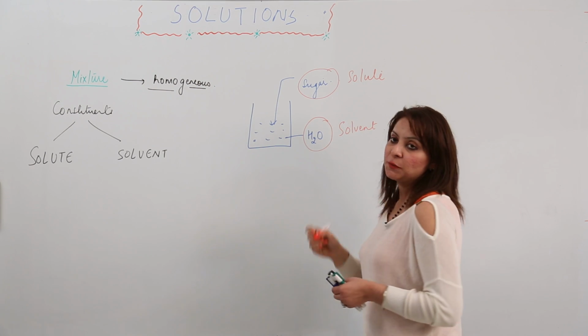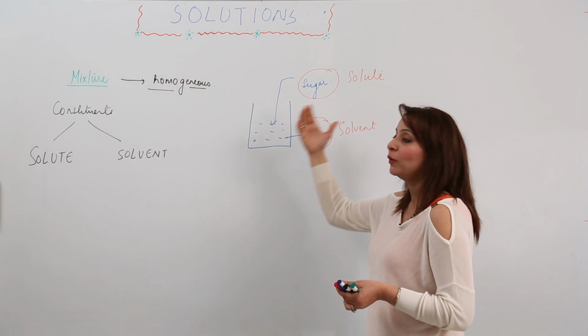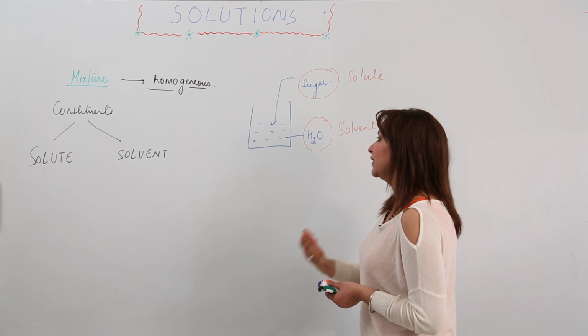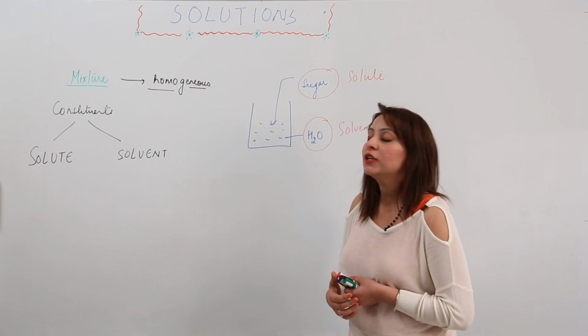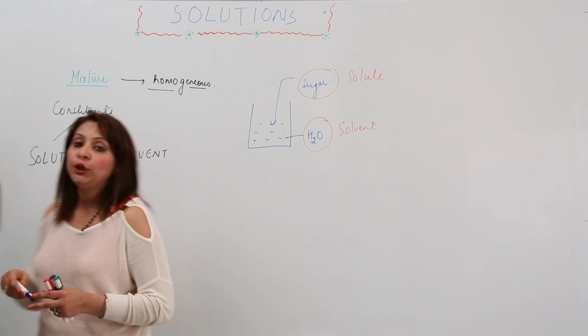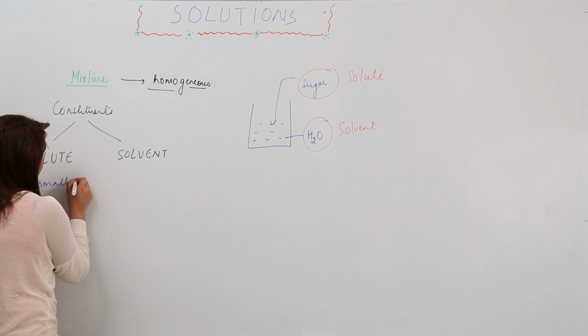Now the question must be striking in your mind: what characteristics are fulfilled by the sugar that it comes under the category of solute, and what characteristics are fulfilled by the water that it falls under the category of solvent? I must tell you that solute is a substance which is present in small quantity.